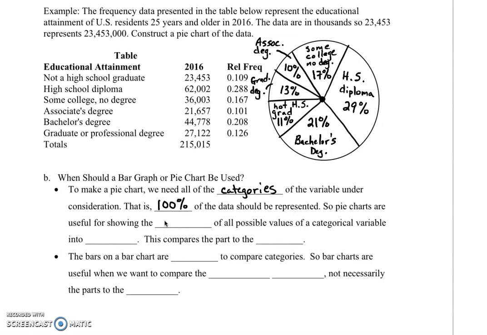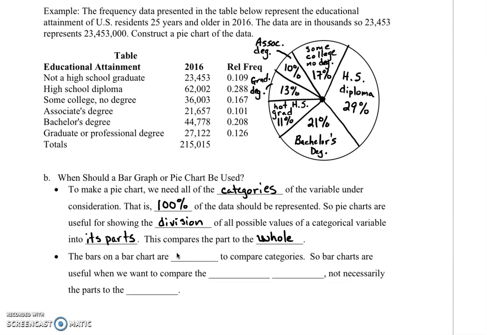Pie charts are really useful for showing the division of all possible values of a categorical variable into its parts. And that allows us to compare the part to the whole. So when we want to compare a part to the whole thing, a pie chart is a good idea.